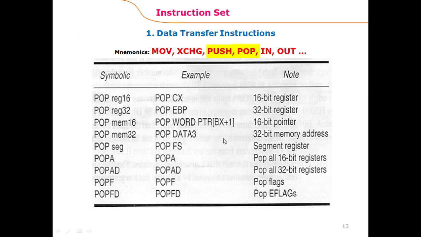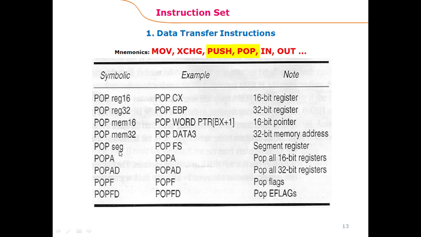And similarly, a 16-bit value from the top of the stack segment can be taken and stored in this memory location. And similarly, 32-bit data can be taken from the top of stack and stored in this memory location. DATA3 is a variable which points to a memory location.